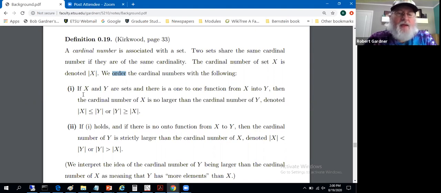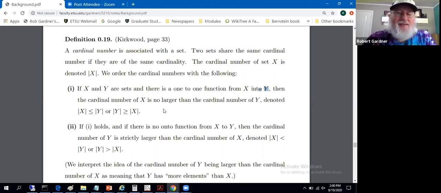Part 1. If X and Y are sets, and there's a one-to-one function from X into Y, not necessarily onto, then the cardinal number of X is no larger than the cardinal number of Y, denoted: the cardinality of X is less than or equal to the cardinality of Y, or the cardinality of Y is greater than or equal to the cardinality of X. So what it really means is I can put all of the elements of X in a one-to-one correspondence with some of the elements of Y. It's into Y, not necessarily onto.